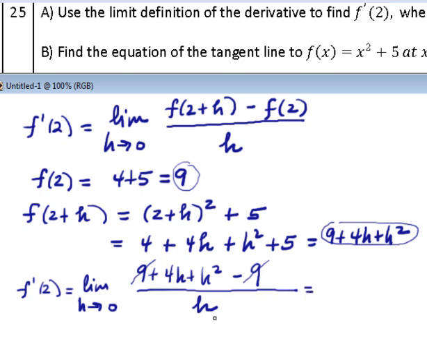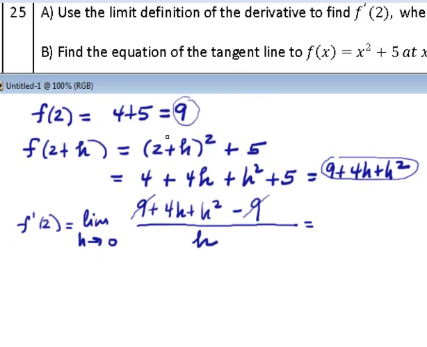So let's do that. h divides into 4h and h squared. So this is equal to the limit as h goes to 0 of 4 plus h. And as h goes to 0, that goes to 0, so we just get 4.